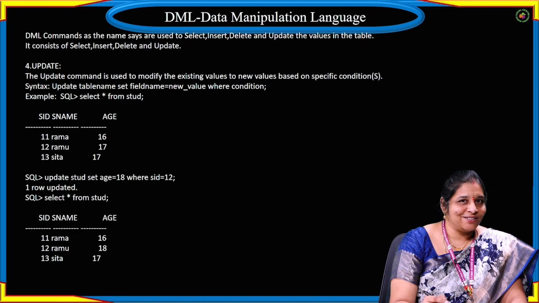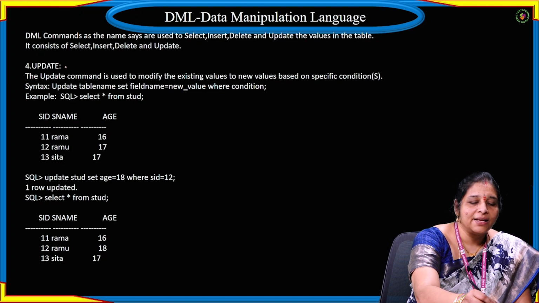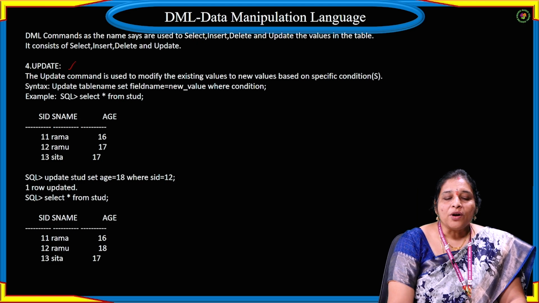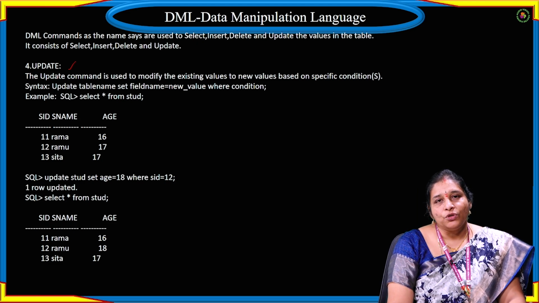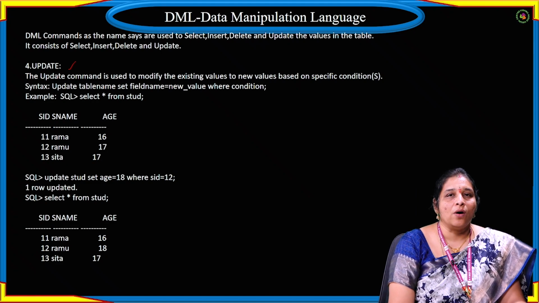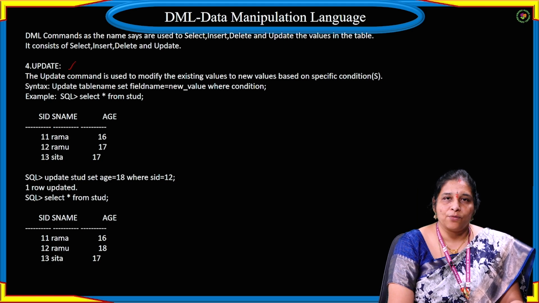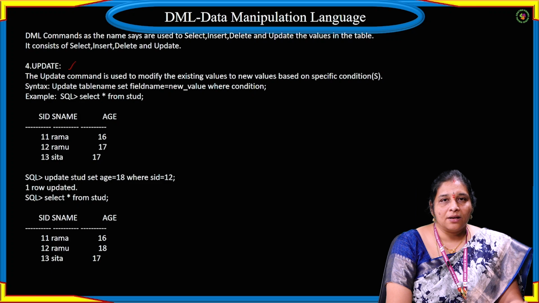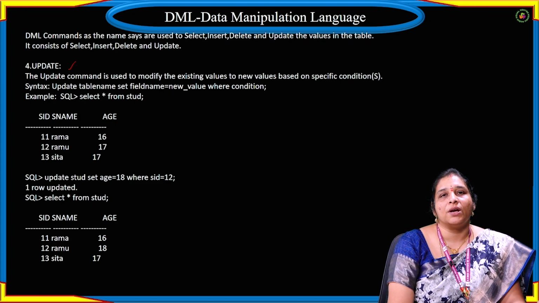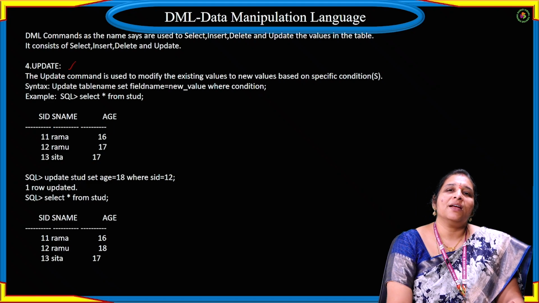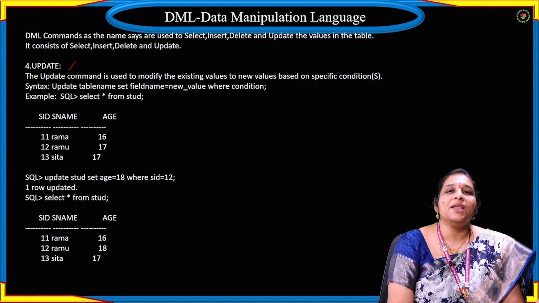So our last command, there is still one more command in DML, it is the update command. The update command is used to modify the existing values to new values based on some condition. Let's say a student's marks have been initially posted, and the student isn't satisfied with the marks, and has applied for re-verification or revaluation, and the student's marks have been increased.